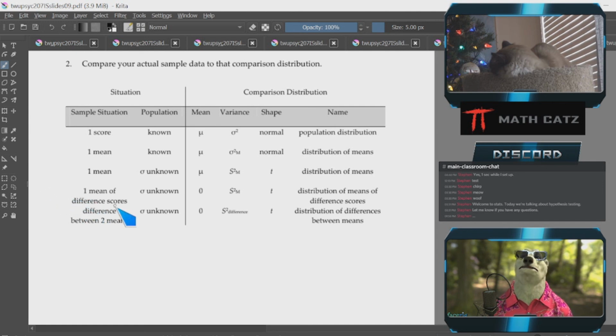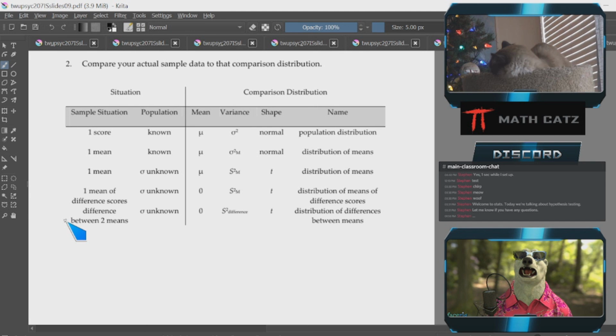I then go right away to differences, still have to estimate the variance. The mean is now 0 under the null hypothesis because I'm trying to compare some sort of difference. T-distribution, comparison distribution is the distribution of means of difference scores. I start with difference scores from the very beginning, and then the distribution is much simpler from that.